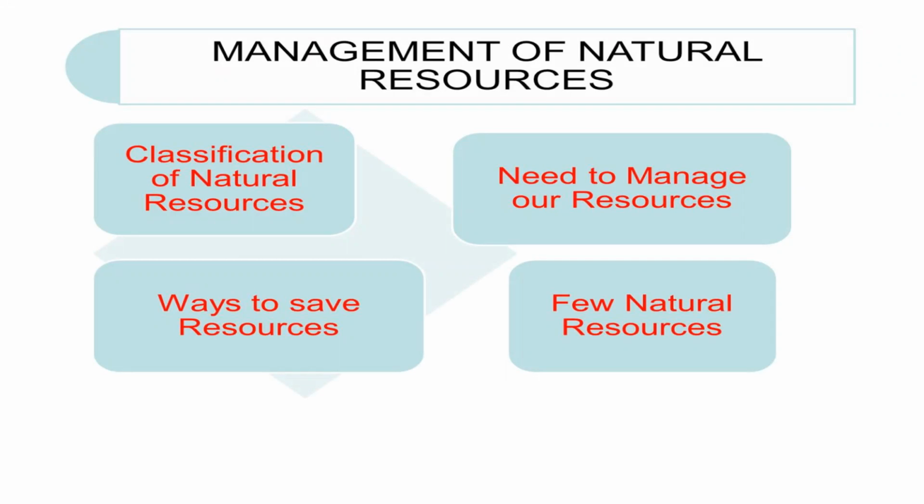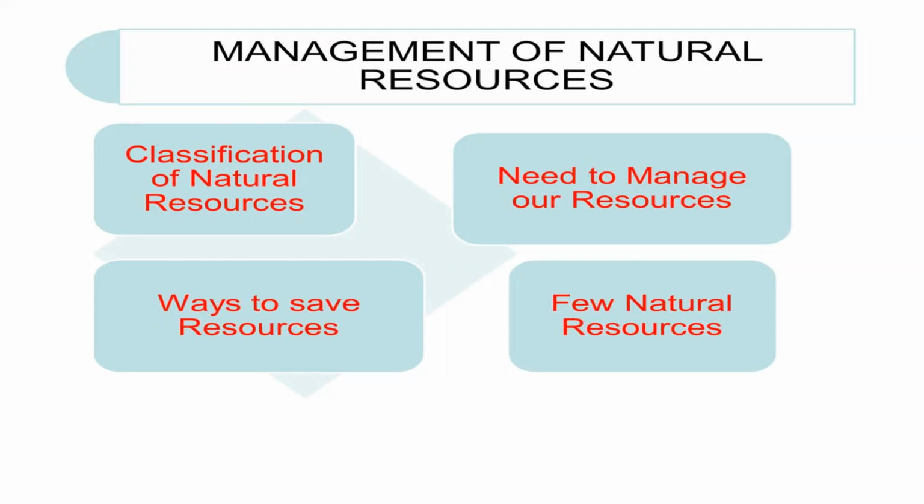How do we do management of natural resources? There are four basic steps we need to keep in mind for managing natural resources. First, we need to classify the natural resources. Second, we need to find the ways to save resources.